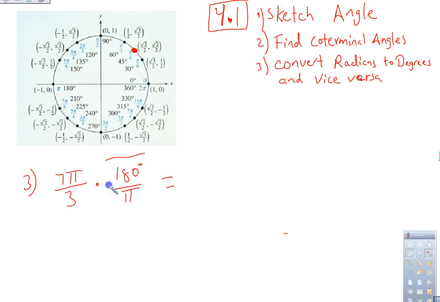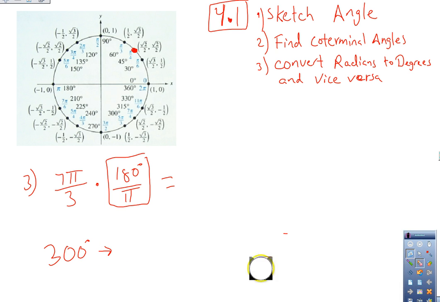So the formula to convert radians to degrees is multiply the radian measure by, once again, 180 degrees over pi. And let me do the other way around. Let's say that we have 300 degrees, and I ask you to convert it to radian measure.